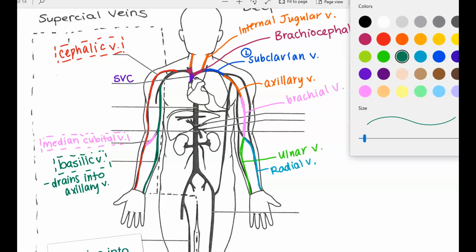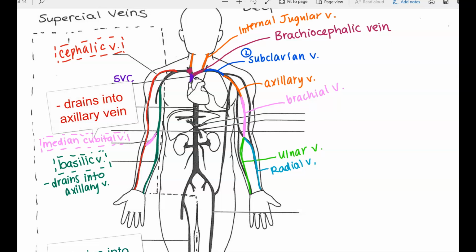And then our cephalic vein is going to drain into the axillary vein. Again, another deep vein.